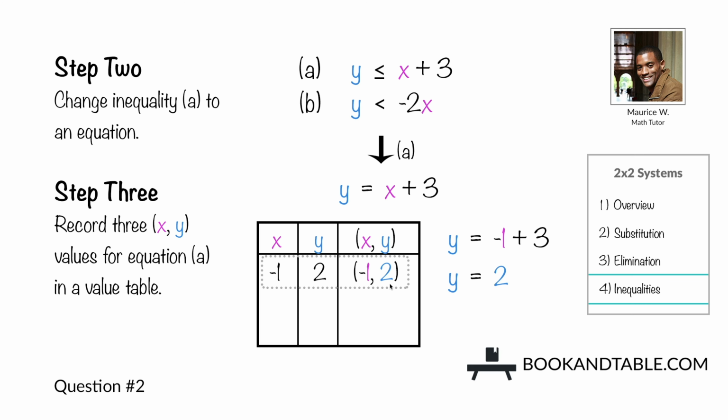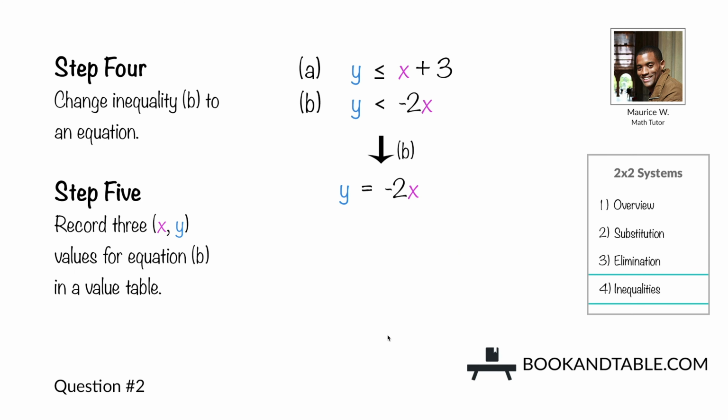X is negative 1, y is 2. We then plug in 0 for x, giving us y is equal to 0 plus 3, which is equal to 3. So that becomes the second point in the value table for equation A. And now we plug in positive 1 for x, giving us y is equal to 1 plus 3, which is 4. So the third point in this value table is x is 1, y is 4.